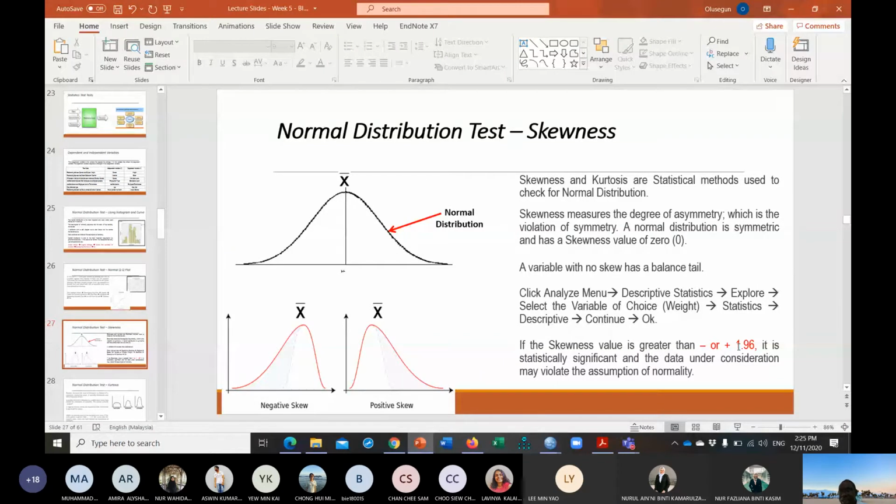If it is outside, either to the negative side or to the positive side, we say it is not normally distributed. So let's go and look at our values.